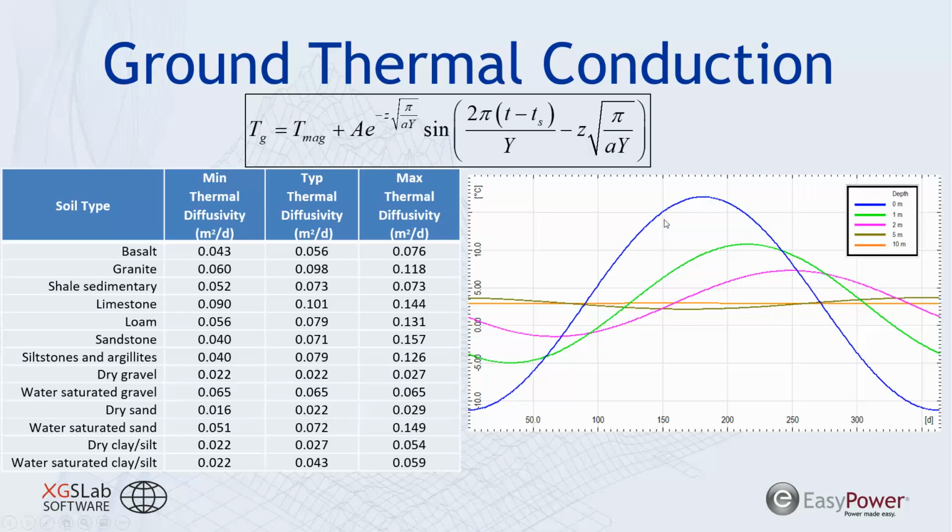And when we go maybe a meter deeper, we see this green line. We see the amplitude is attenuated for our variation off of our mean annual ground temperature. And we also see a phase shift. And we see this trend continue as we go a little bit deeper into the soil.